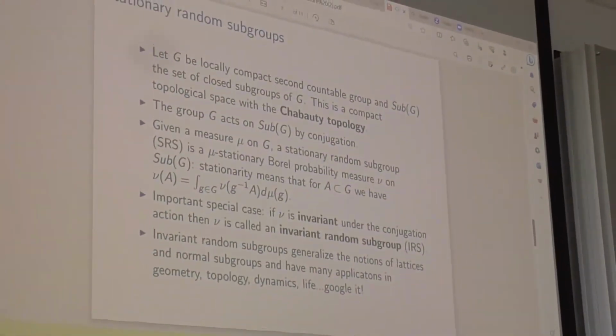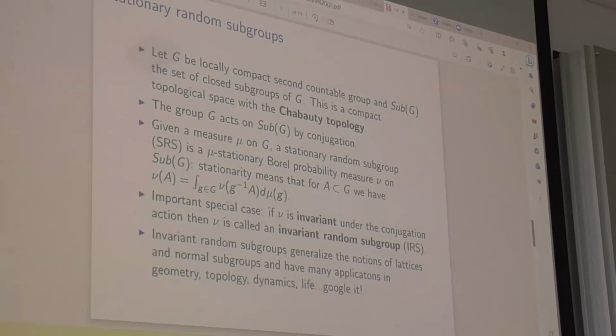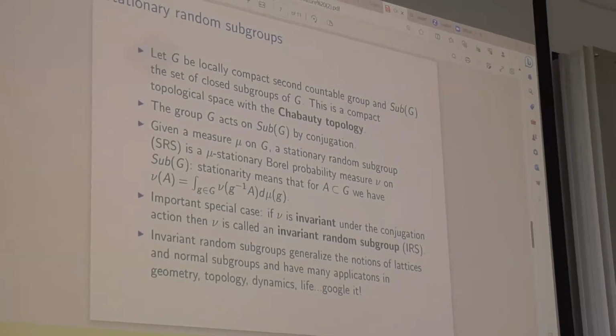The group G acts on the space of closed subgroups continuously by conjugation, and a stationary random subgroup is a stationary probability measure on the space of subgroups of G. So what does stationary mean?